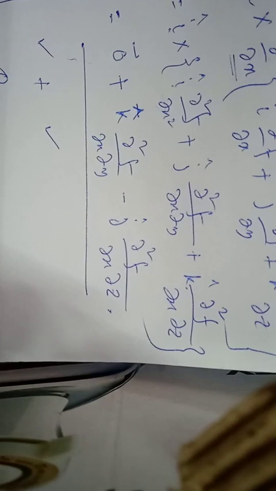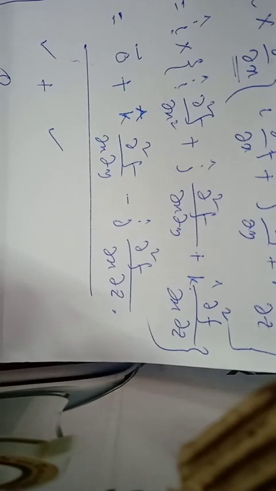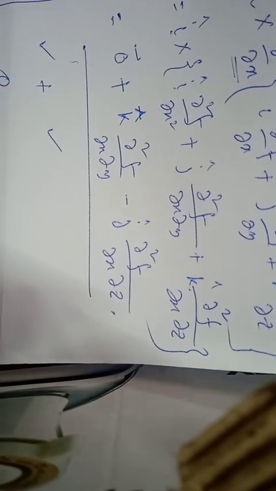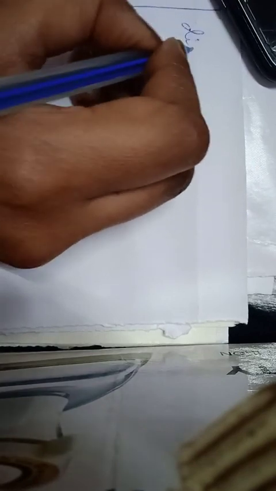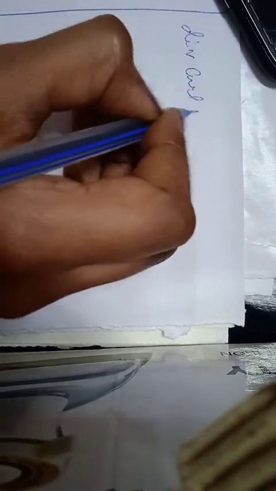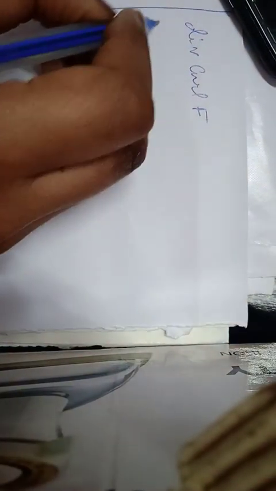Now moving to the next one, which is that divergence of curl F will also become 0. So we need to prove the divergence of curl F equals 0, starting with the left hand side.